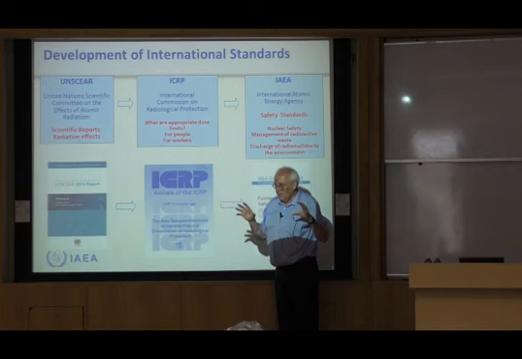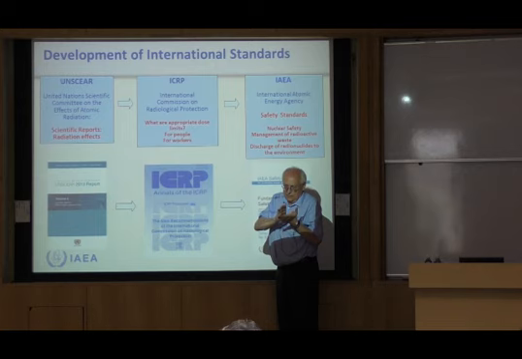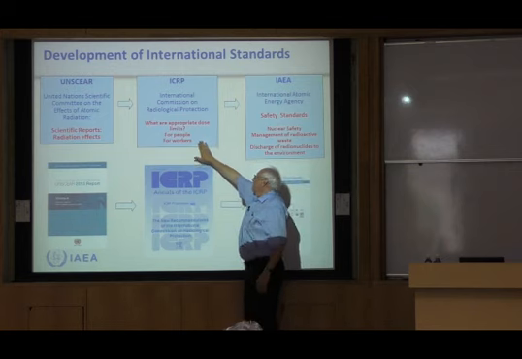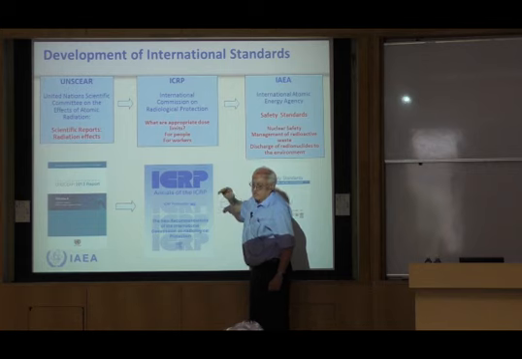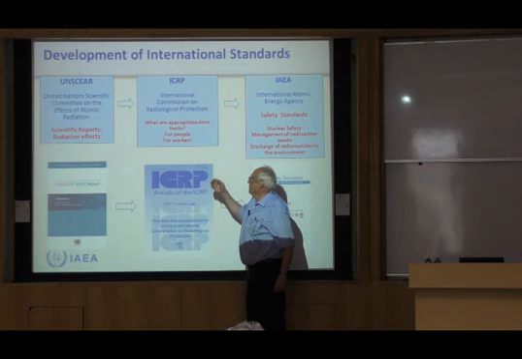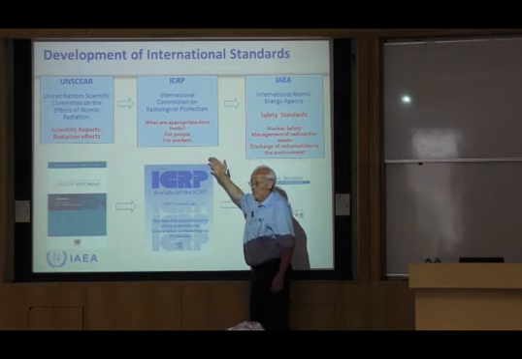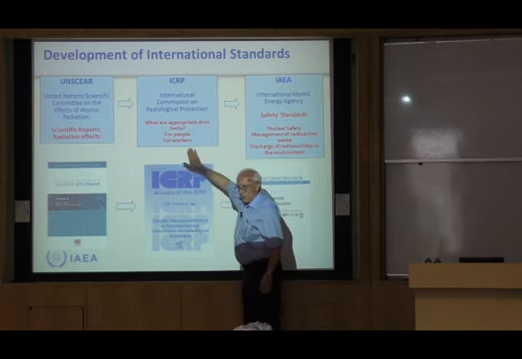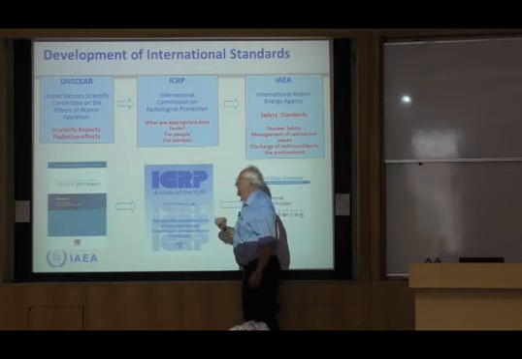Because at that time the relationship between radiation and health was not well understood. And so the ICRP answers the question, what are appropriate dose limits for people living in the vicinity of a nuclear installation or for people working in a nuclear installation.